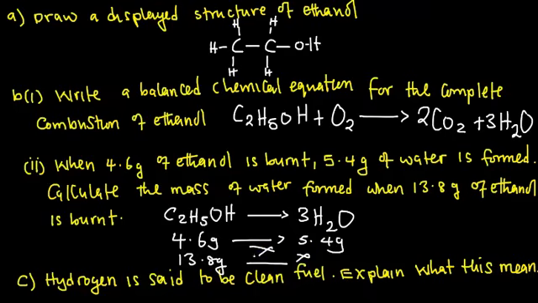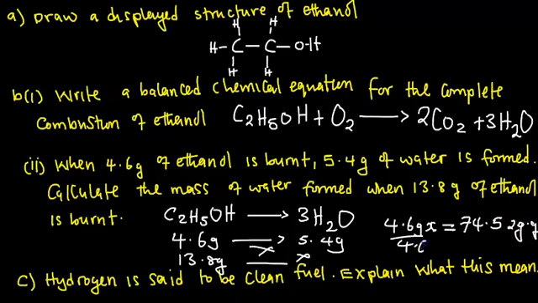So here you just cross multiply. 4.6 gram times x equals 5.4 multiplied by 13.8, which is going to give you 74.52 gram.